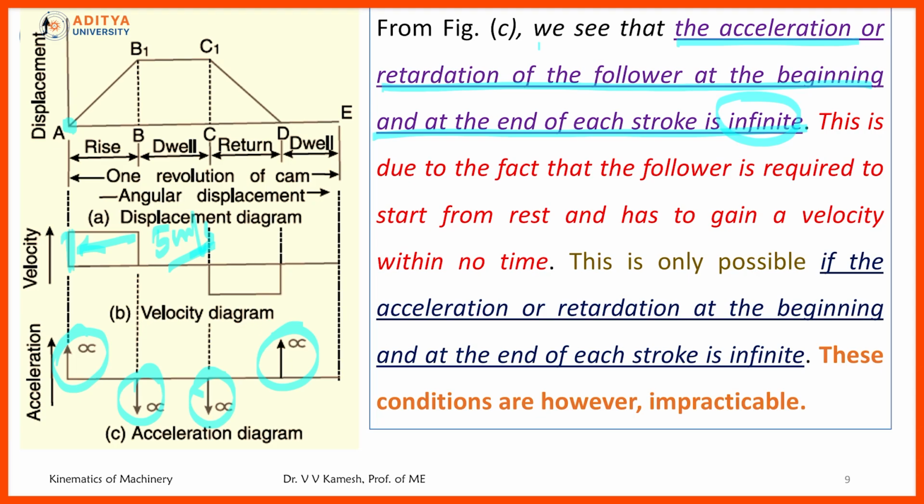Even though we say immediately, there is a fraction of a second, delta t, let it be 0.001 second, very, very minute. In that minute time, the velocity has to reach from 0 to the desired 5 meters per second.